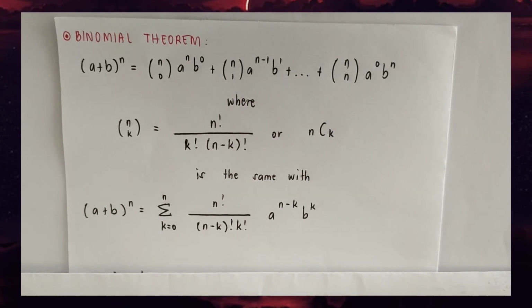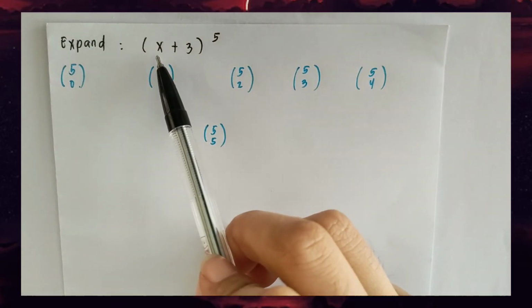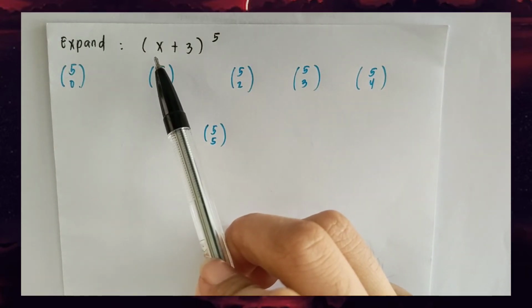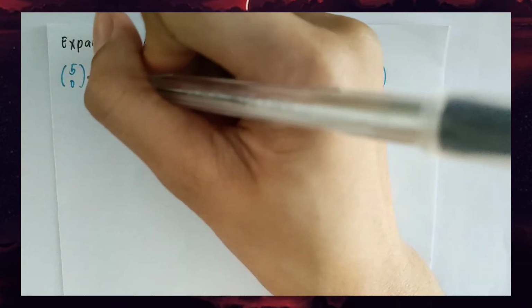Let's continue. The next thing that you need to do is to write your first term, raised of course to our exponent 5. So we have x raised to 5.